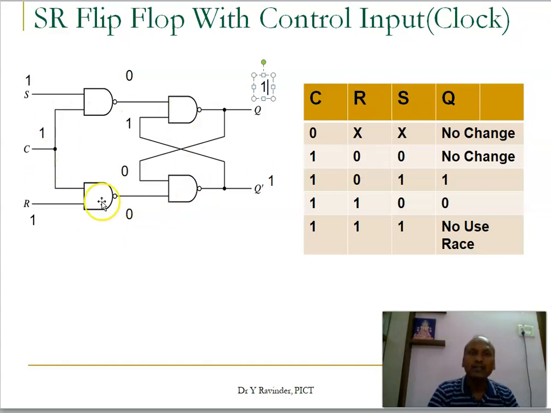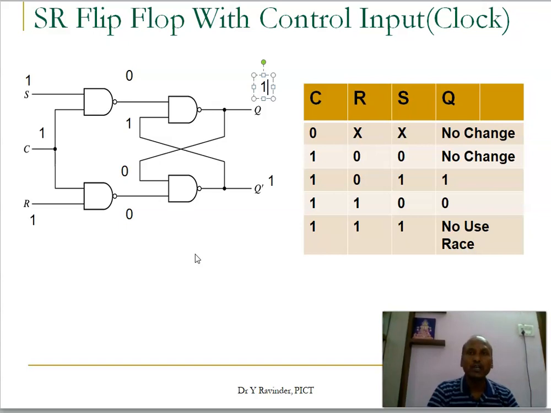So this is the SR flip-flop with a control input. So what is an SR flip-flop? It is a set-reset flip-flop. When both are 0, the output will remain as it is, equal to the previous. When set is 0, reset is 1, the output will be reset to 0.